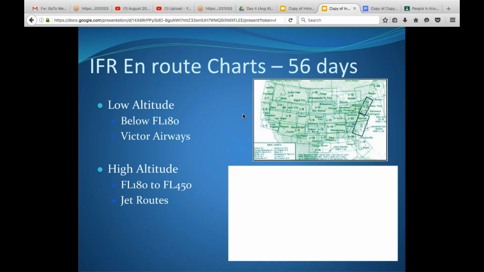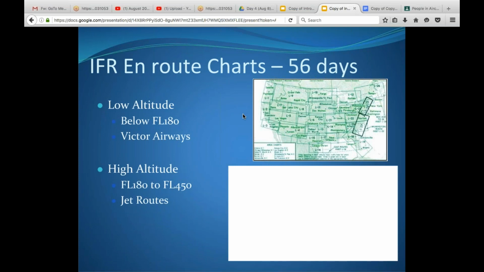So another way you can look at these low altitude charts is we sometimes use low altitude charts to transition us from a terminal or an airport area into the en route portion. So in the climb, sometimes we'll use these to get from that airport into the high charts.